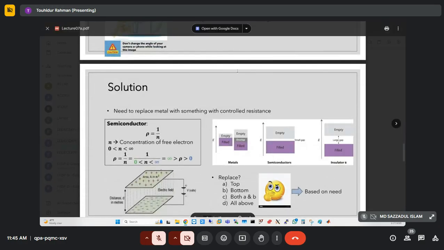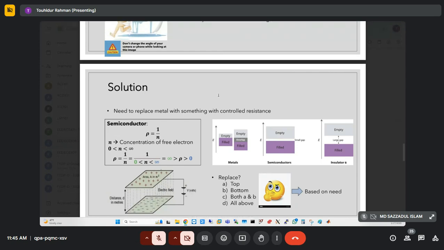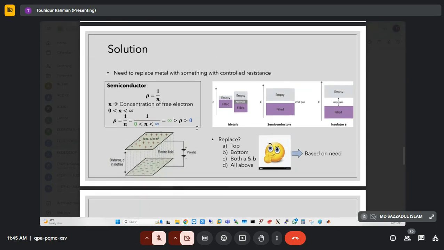So that's the continuation of what we discussed previously. How can we change the resistance?